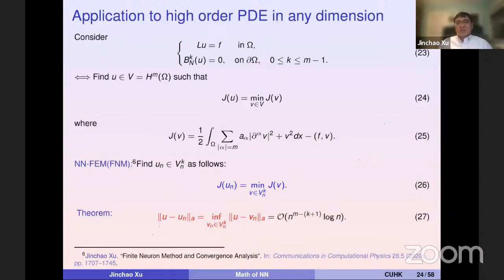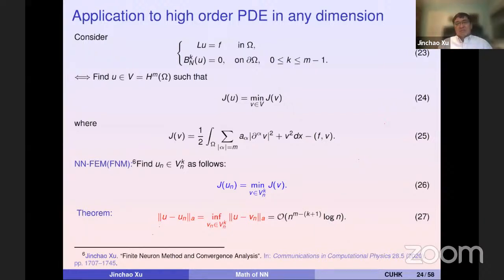This is pretty satisfying because you can use whatever error estimate you had before. The best one I've got is a very high order rate of convergence, but in this case it requires high regularity.